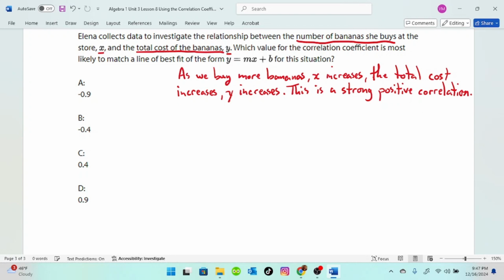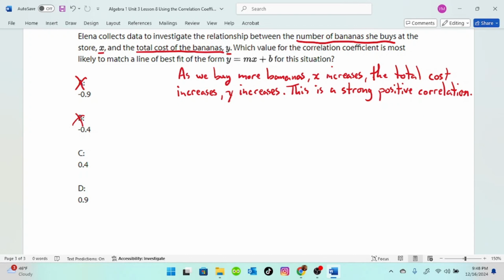All right. Bananas are a specific price per pound. Every time you buy another pound, it goes up by that amount of money. Bananas are not all exactly the same, but they're usually pretty close to the same size and the same weight. So if we know this is a positive correlation, we know we can get rid of A and B. Those are negative correlations.